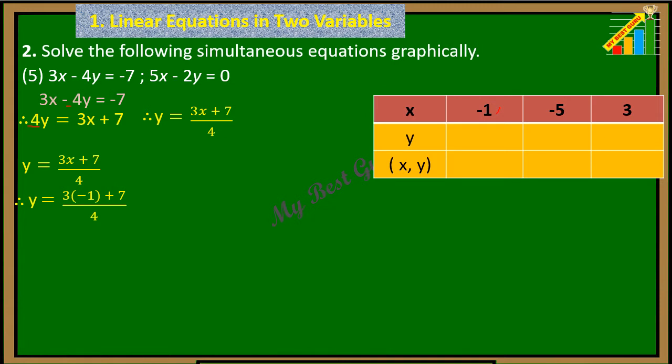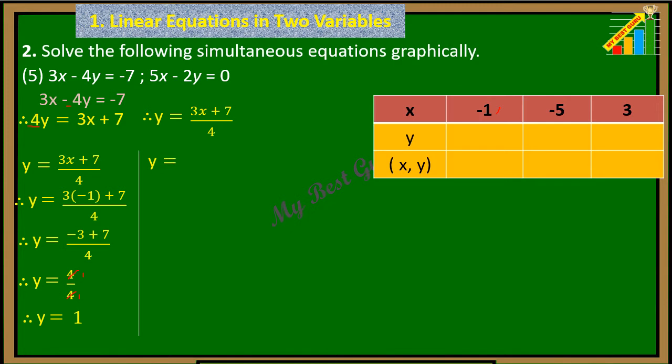So y is equal to 3 times minus 1 plus 7 divided by 4. So y is equal to minus 3 plus 7, which is 4, divided by 4. Find out the value of y: 4 ones are 4. So y is equal to 1.